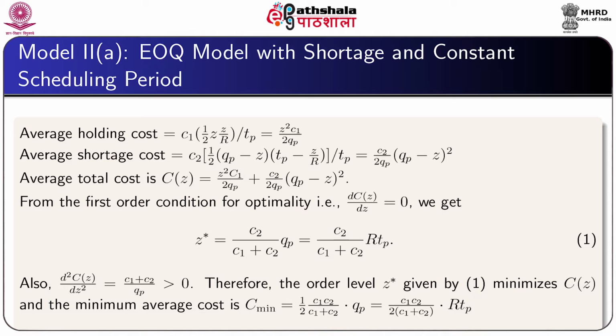This indicates that the optimal order level Z star actually minimizes the average total cost. So, the minimum average total cost C is equal to half into C1 C2 by (C1 plus C2) into Qp, that is, C1 C2 by 2 into (C1 plus C2) into R Tp.